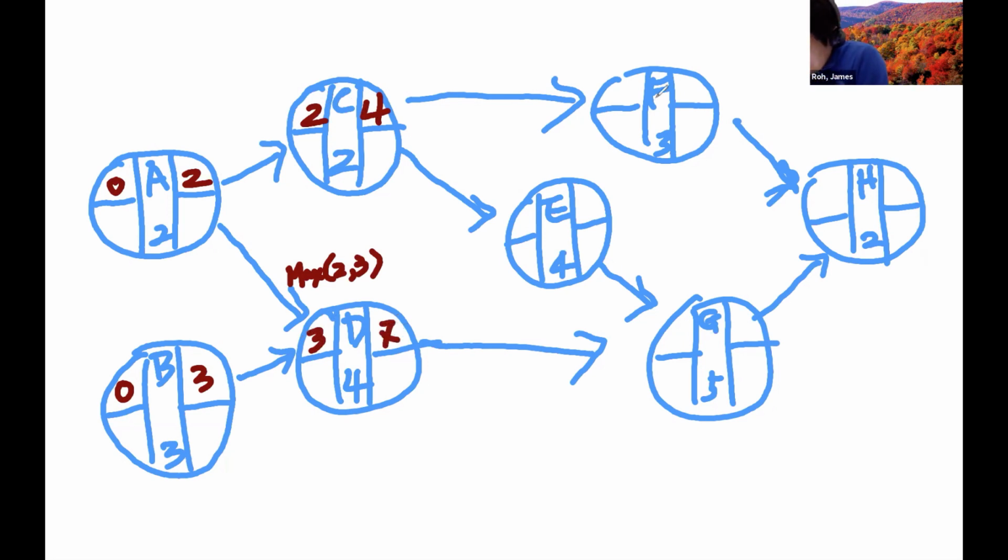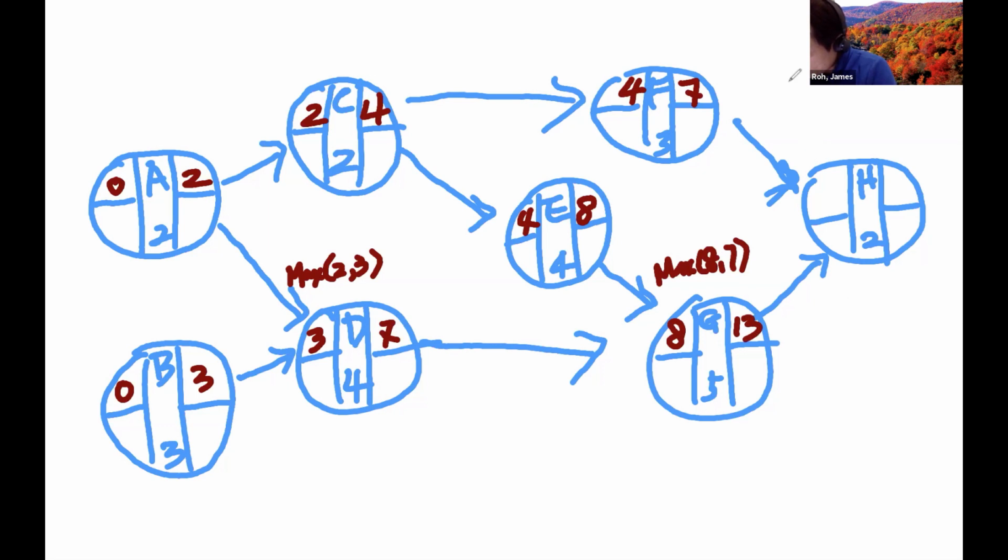And now here F, that's 4 and 7, and 4 and 8. And here we have to choose the max of 8 and 7. So we have to choose 8, and that's 13, and 7 and 13.